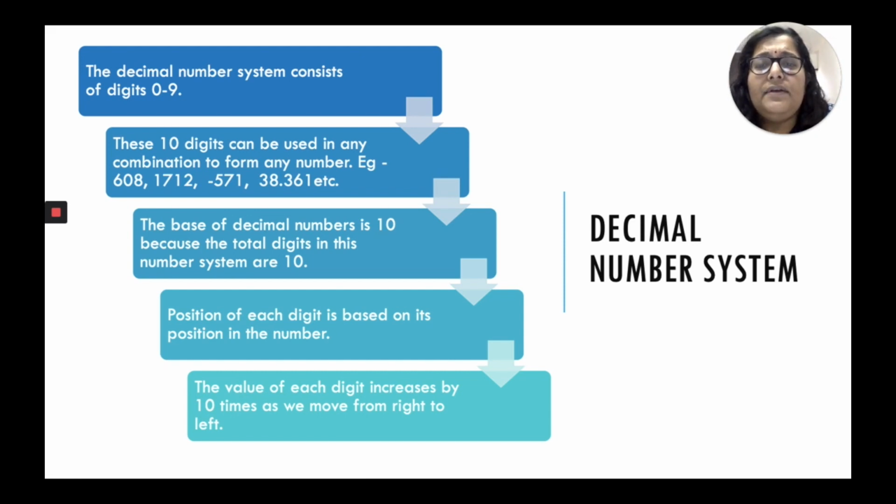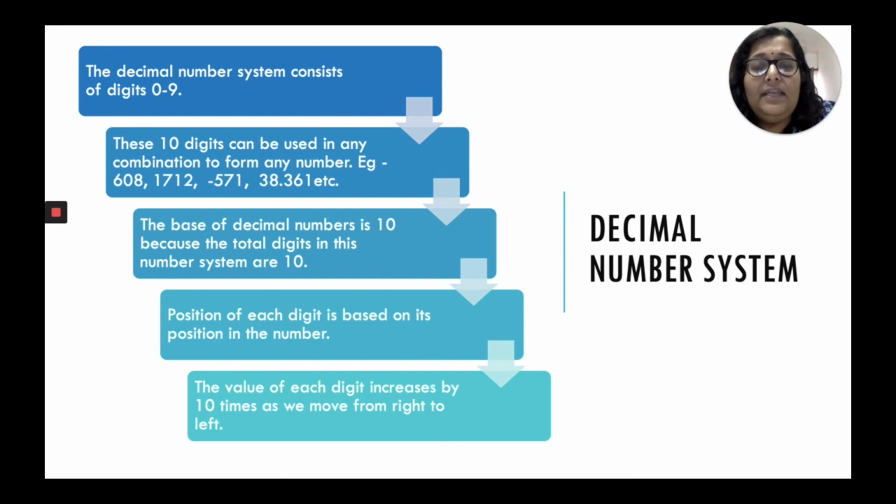The base of decimal numbers is 10 because the total digits in this number system are 10. Since there are 10 digits, the base of the decimal system is considered to be 10. The value of each digit is based on its position in the number. You all have already done it from lower grades. You start from the rightmost end towards the left, like ones, tens, hundreds, like that.